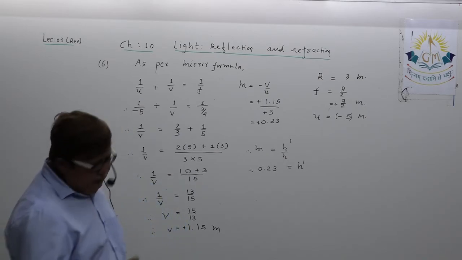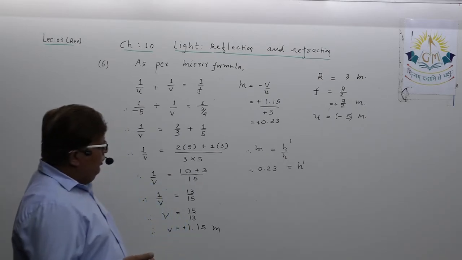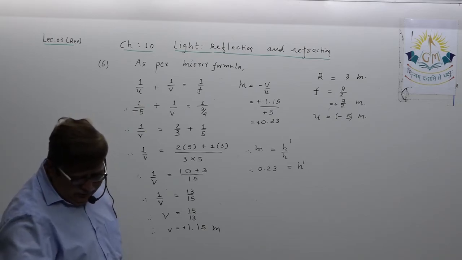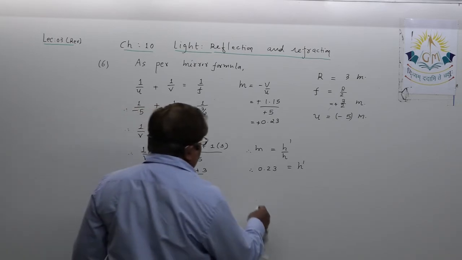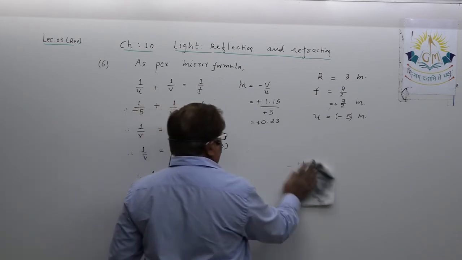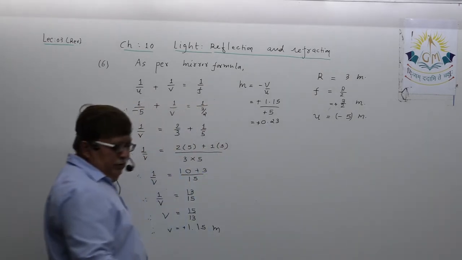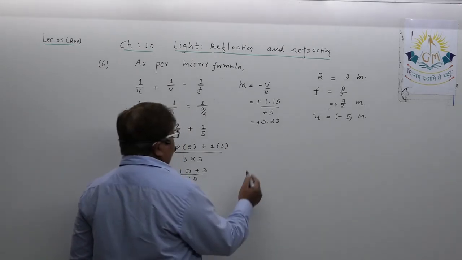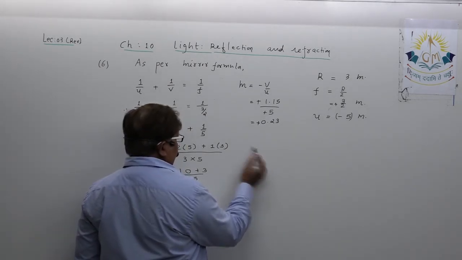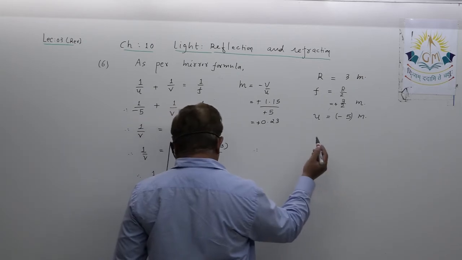Okay. Now, dear student, M we got. They haven't asked just the nature and size of the image. Okay. So just here you have to stop because the height of the bus hasn't been mentioned. So your final answer will be, what you will write?